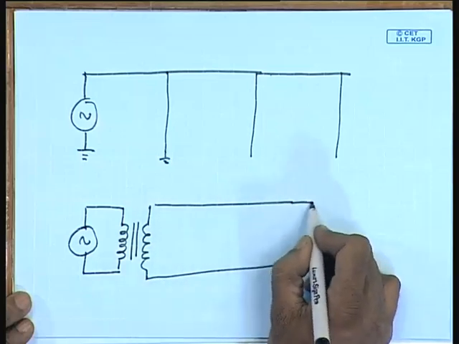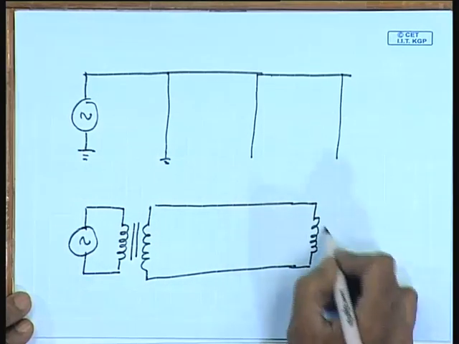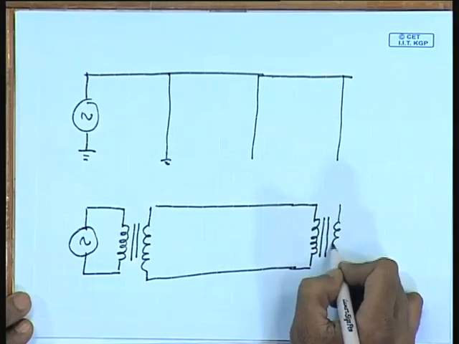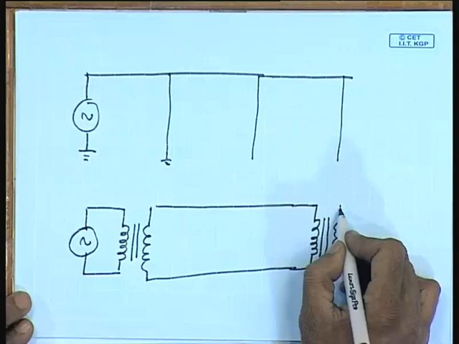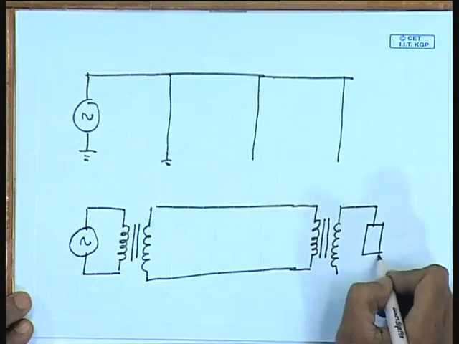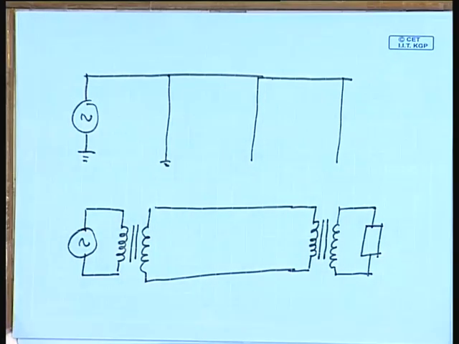On the load end, there will be another transformer which will connect to the load. So, this is the idealistic construction of a transmission system for electrical power from the generating station to the load.